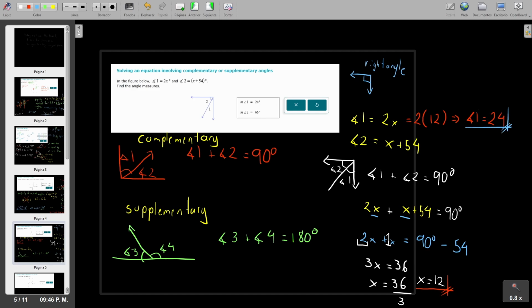We can check. It is already the correct answer, but there is another method to prove that this is correct. Now angle 2 is going to be 12 plus 54. What is that? 66.